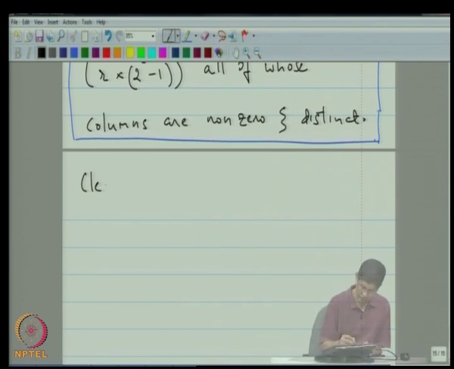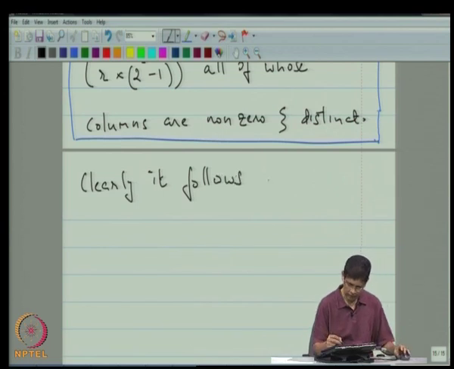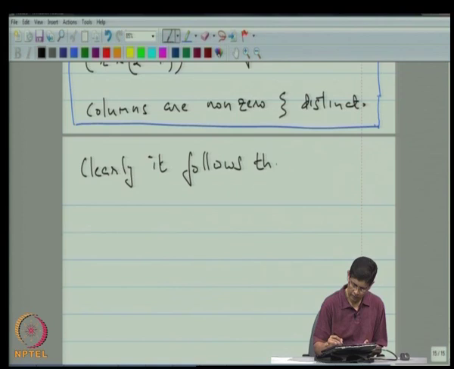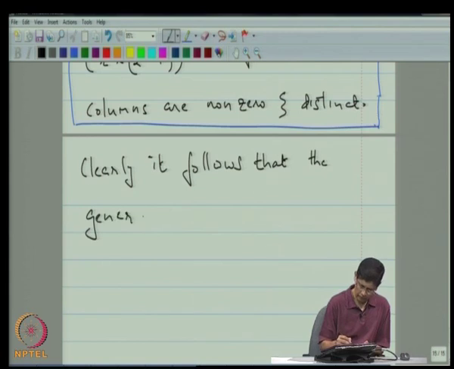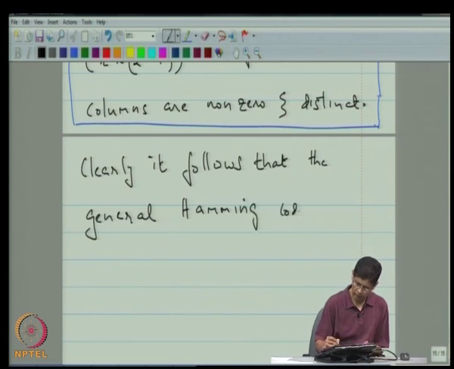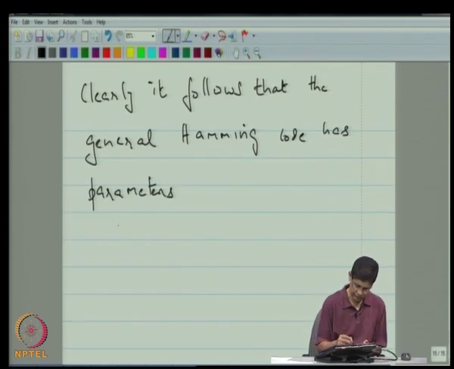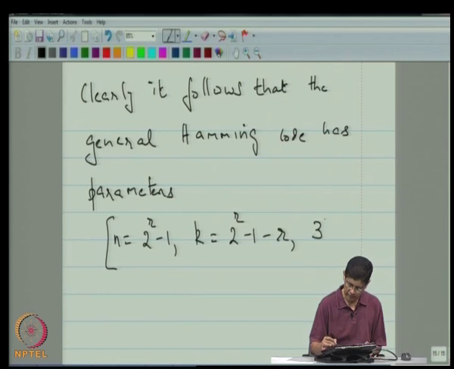Clearly it follows that the general Hamming code has parameters n equals 2 to the r minus 1, k equals 2 to the r minus 1 minus r, and d min equal to 3.